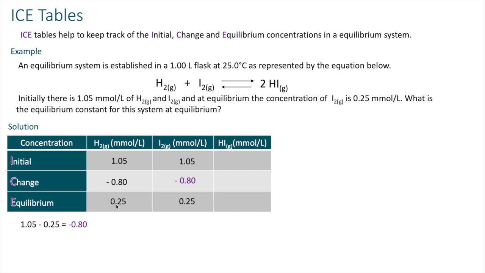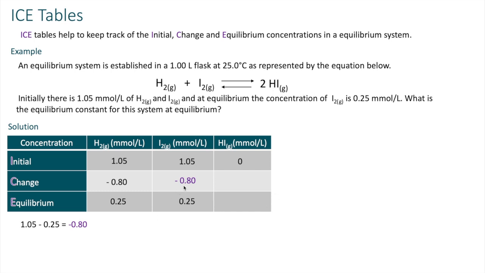The next thing we need to do is figure out what our concentration of HI is. We know that at the start of our reaction, we didn't have any hydrogen iodide produced because we only had the hydrogen and the iodine initially. So its initial concentration is 0. Then we're going to use molar ratios once again to figure out the change in the hydrogen iodide.